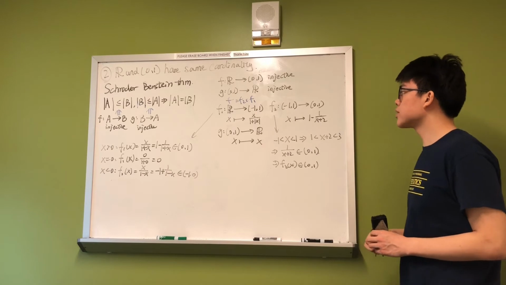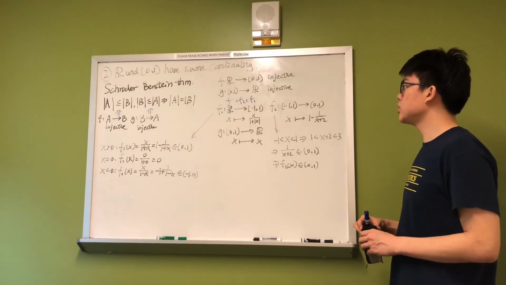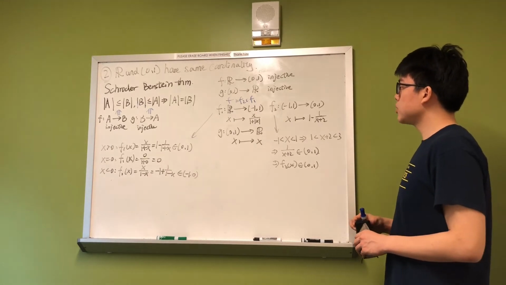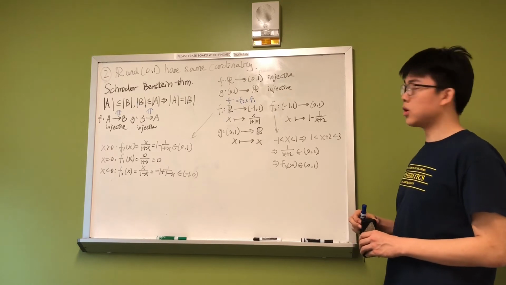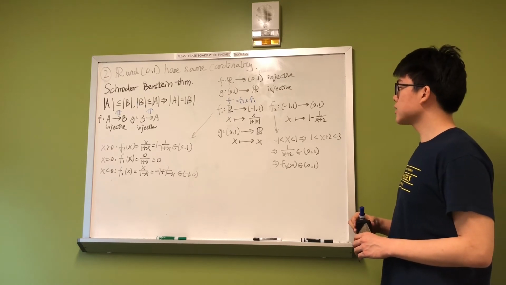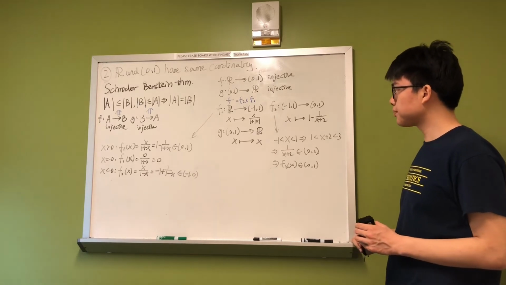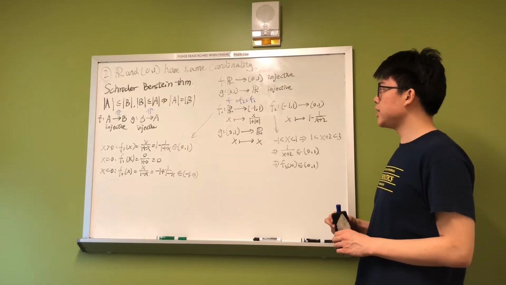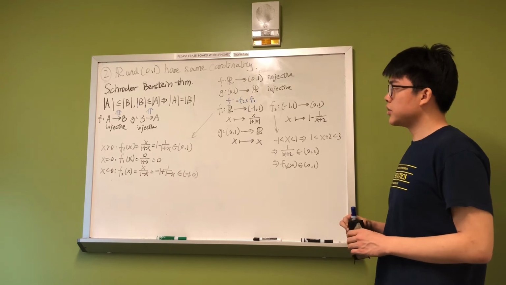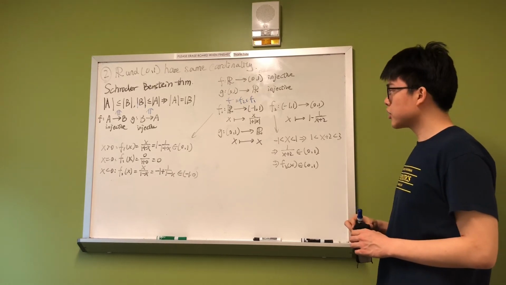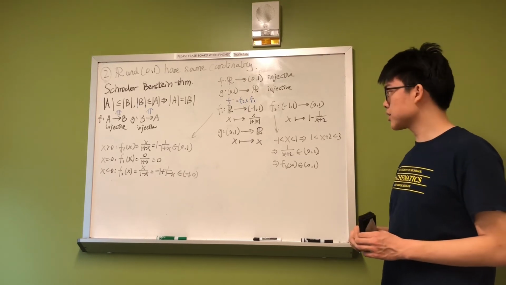And f2 is a function which maps from (-1,1) to the open set (0,1), and f2(x) is equal to 1 minus 1 over (x plus 2). And for g, it's pretty easy because we just need to use the identity function, which is obviously injective.